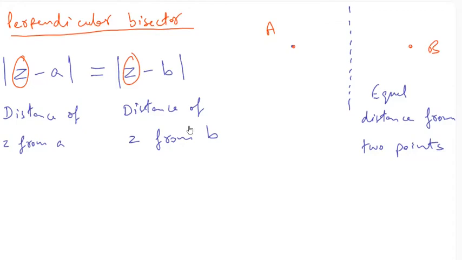What will this kind of form give you? It will give you a perpendicular bisector when you're talking about z minus something equal to z minus something else. Let's consider a couple of examples of this now.